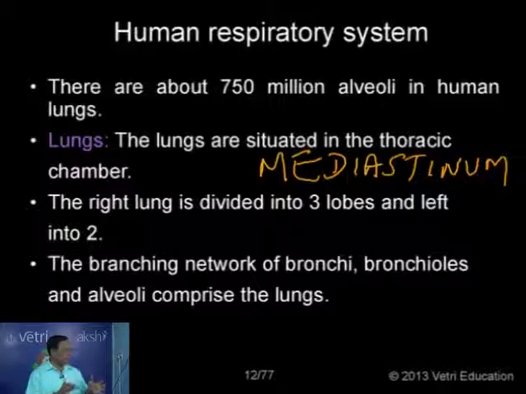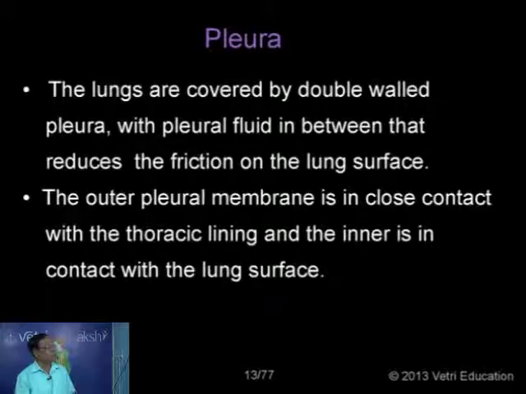It is nothing but the branching network of bronchi, bronchioles, and the alveoli, which together form the lungs, the principal respiratory organ situated in the thoracic cavity.